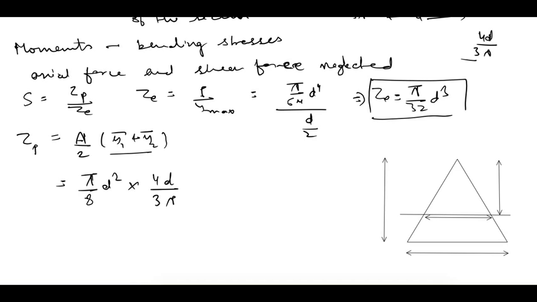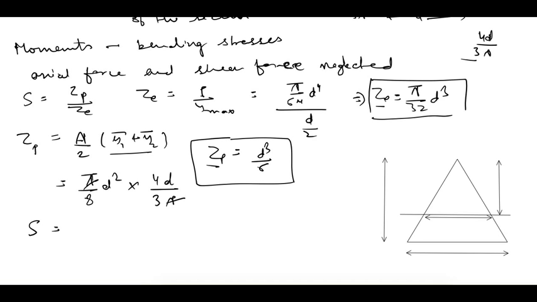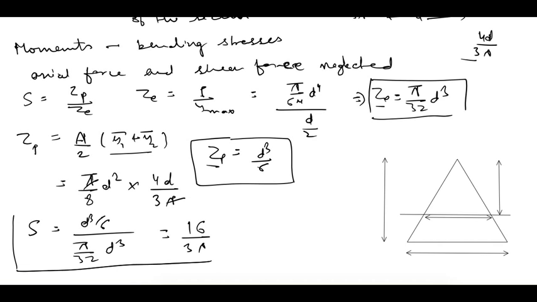And so this value comes as Z plastic is equal to d cube upon 6, and the shape factor, that is equal to Z plastic divided by Z elastic, will come as d cube by 6 divided by pi by 32 d cube. So it is equal to 16 upon 3 pi. That is the value of shape factor for a circular section.